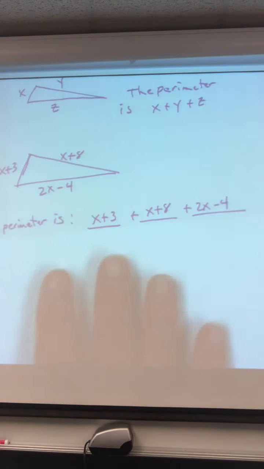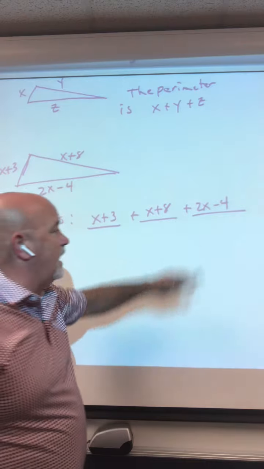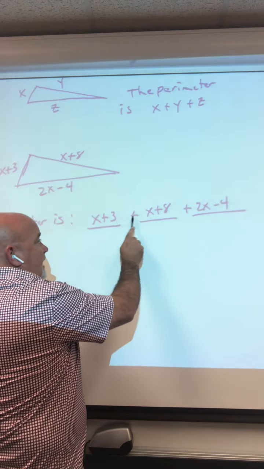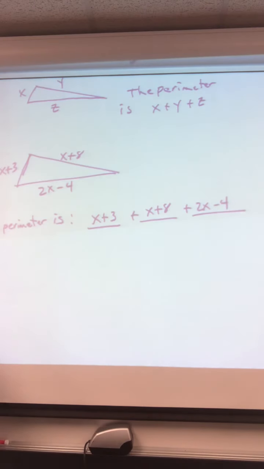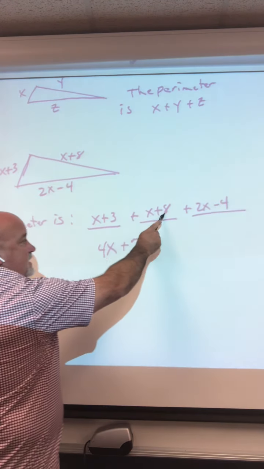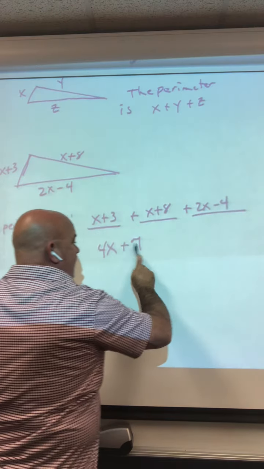In this one, we can add some of this together because some of this is like terms. So we've got X plus the X plus 2 more X's, and that's 4X. And then you can add the numbers together. 3 plus 8 is 11, and 11 minus 4 would be plus 7.